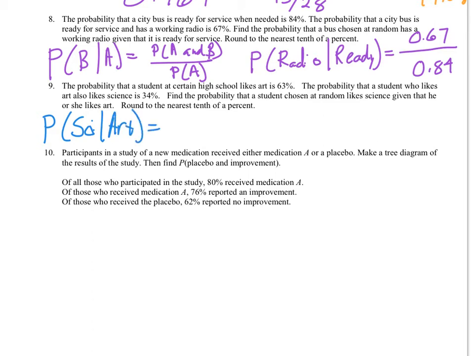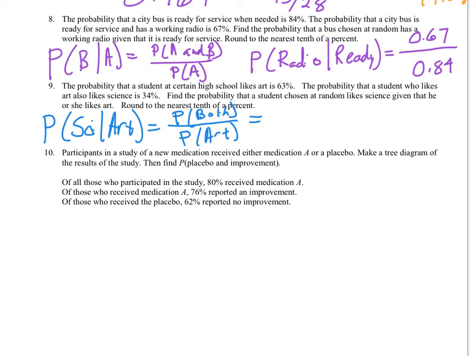So we'd have the probability that they like both on the top. I'm just going to put both. And then we would need the probability that they like art on the bottom. And of course, those are the numbers that we have.